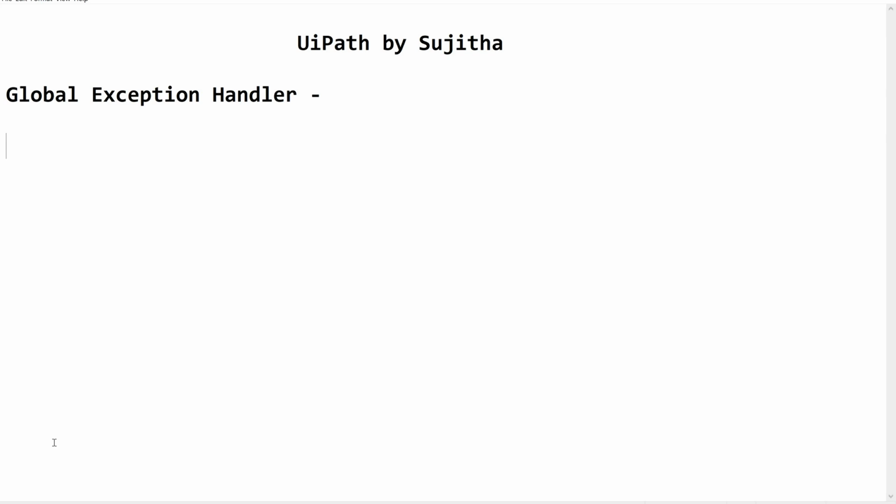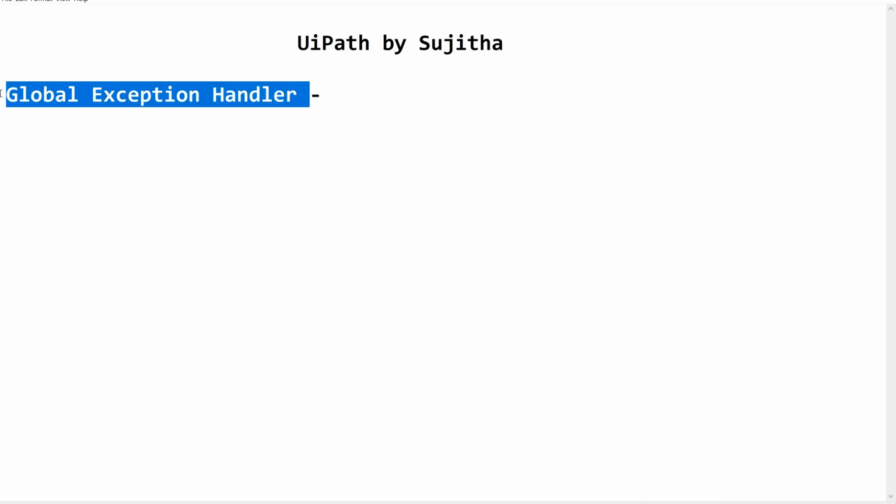It should be handled in some way or the other. So this is what is performed by the global exception handler. The uncaught exceptions, which are unexpected, can be caught using this global exception handler.